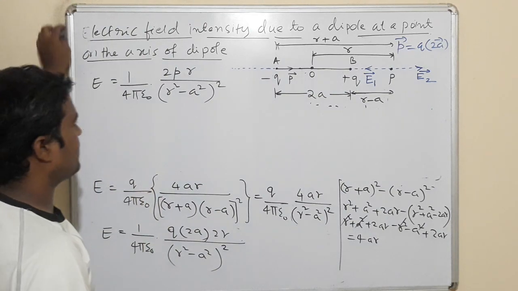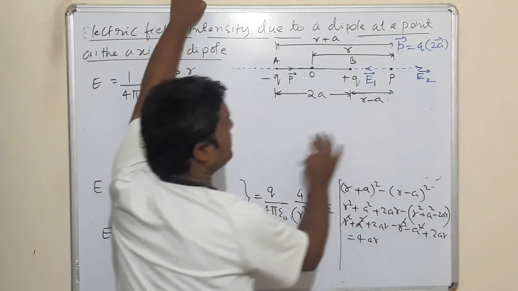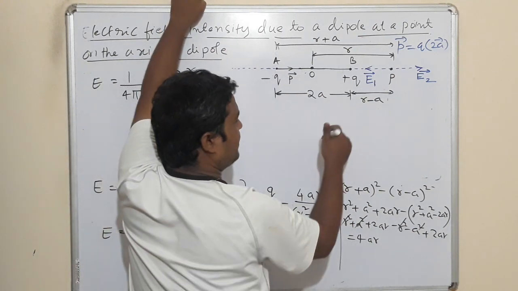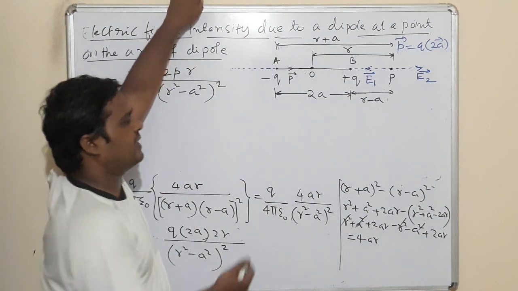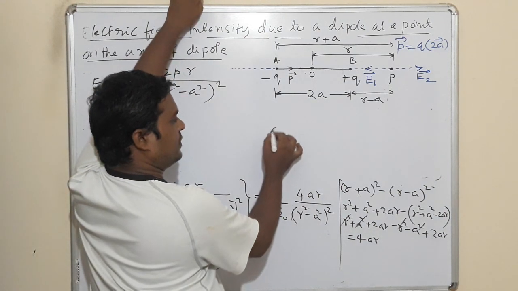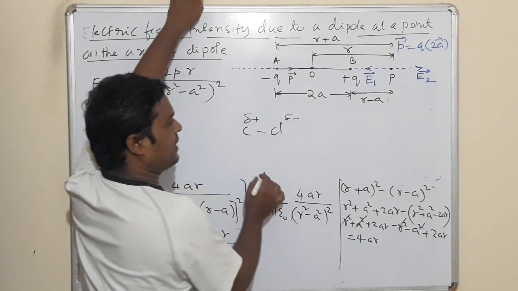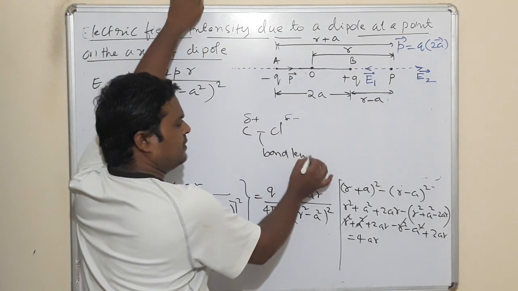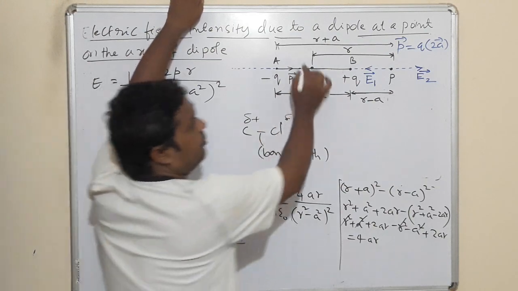Then at last, after deriving this much, we will assume something here. What is that assumption? Practically it is true. Practical dipoles are usually polar molecules. For example, in a carbon chlorine bond, this will be plus and this will be minus. Practically this distance is nothing but the bond length, which is very small compared to r.